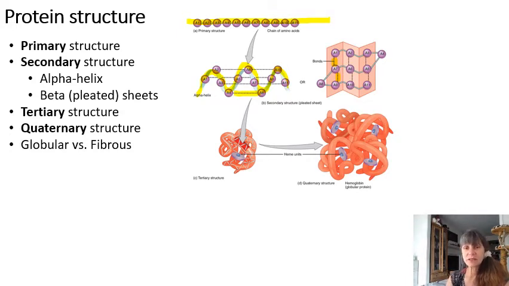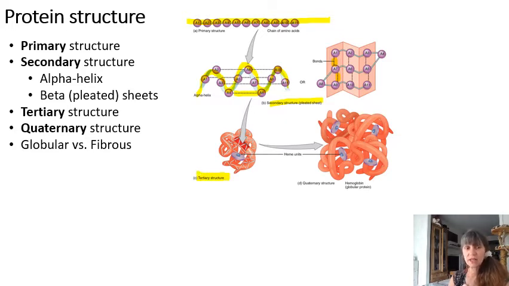From the secondary structure of a protein, which we said was either an alpha helix coil or a beta pleated sheet, the protein, as it develops, continues to fold in on itself, following a globular unit called a tertiary, meaning third level, tertiary structure.